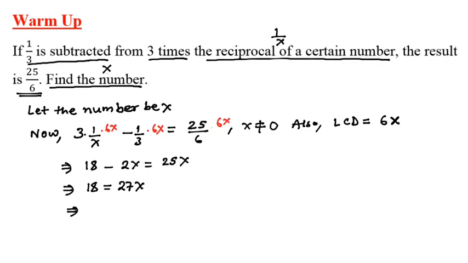Divide on both sides by 27. x equal to 18 divided by 27, which is the same as 2 over 3. So our number is 2 over 3.